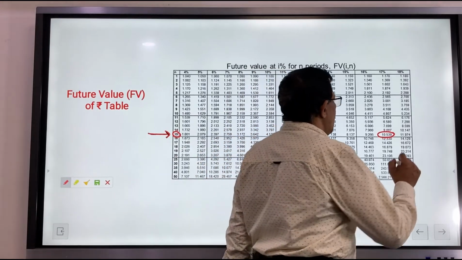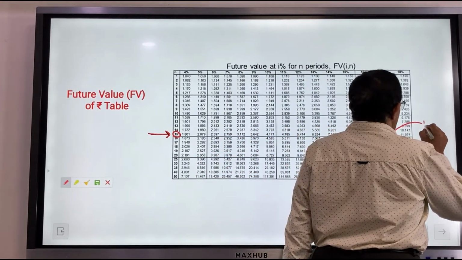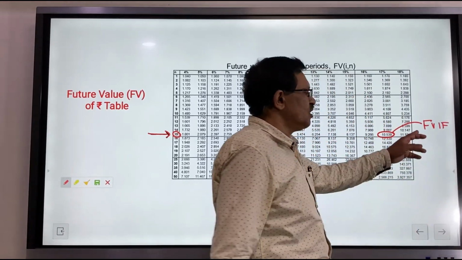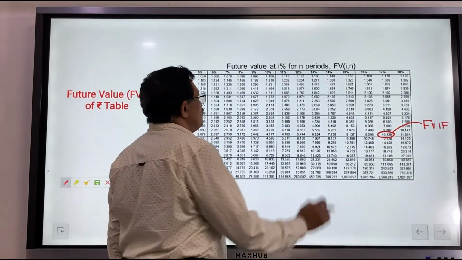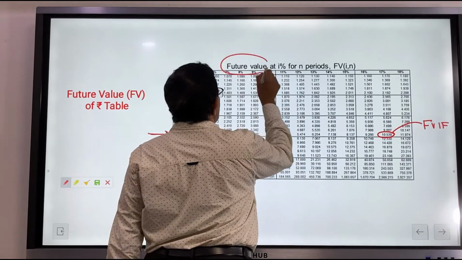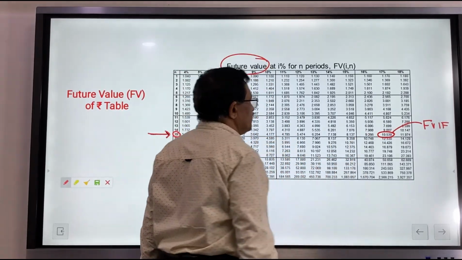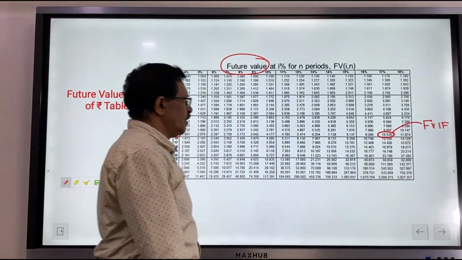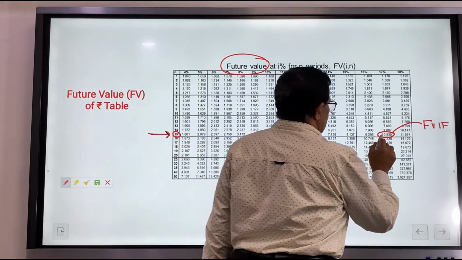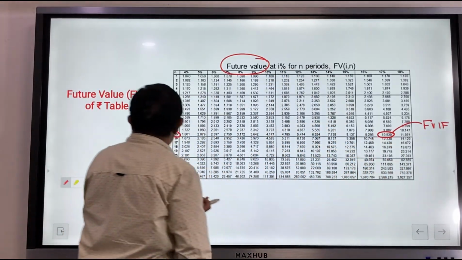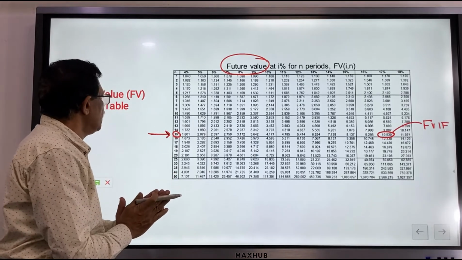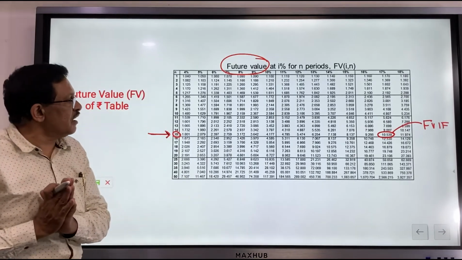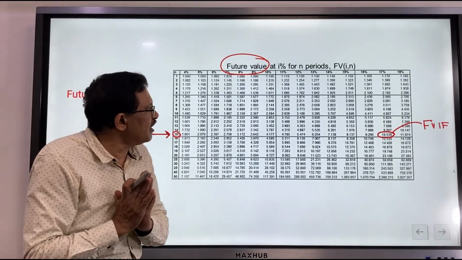This we call the future value interest factor, because this is a future value table. Let us remember this: when he is investing 1 rupee for 15 long years at a rate of 17%, the interest factor is 10.539.